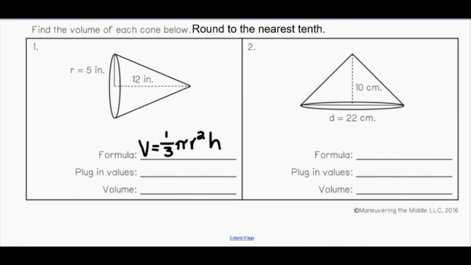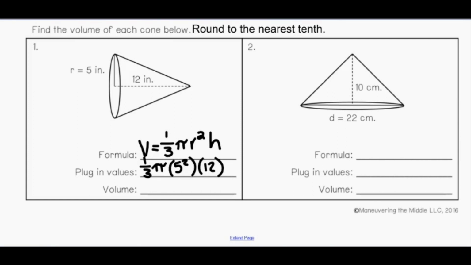Plug in the values. We're trying to find volume, and when we find volume, we're going to take 1/3 times pi. Our radius is 5 squared, and our height is 12. In our calculators, you can type in 1, ABC button, 3, times the pi symbol, times in parentheses 5 squared, end parentheses, and in parentheses again, 12.